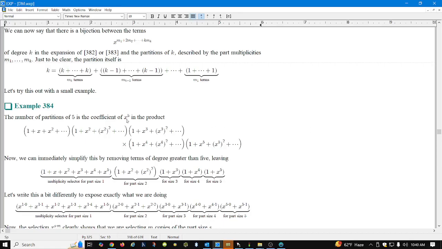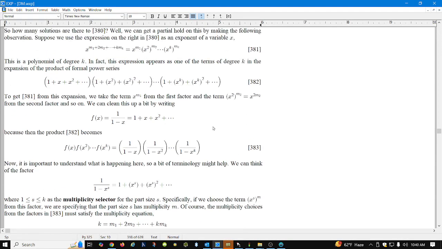Let's take a look at an example that might help clarify what's going on, hopefully. The number of partitions of 5 is the coefficient of x to the 5th in this product.